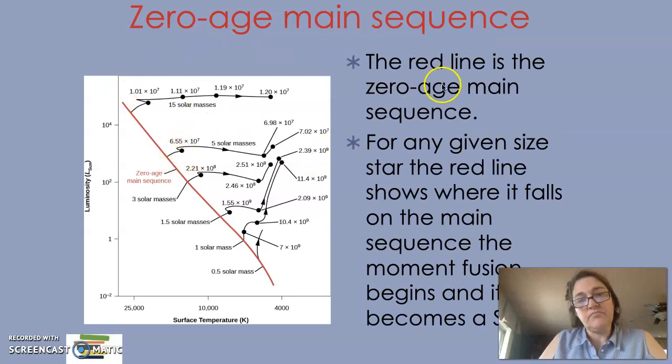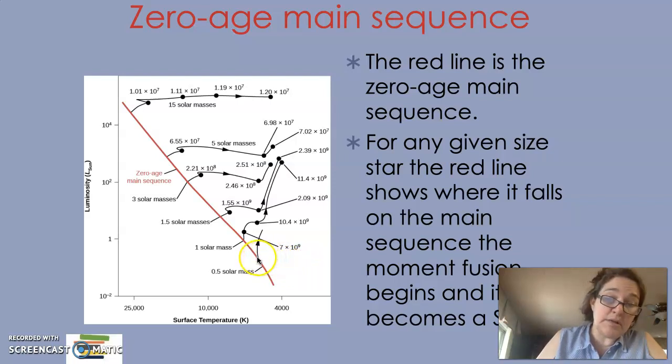So zero age main sequence, we have been looking at stars as they are contracting and getting smaller as they move left on the HR diagram, but not doing fusion yet. So the point where they begin to fuse hydrogen into helium is where we find ourselves on this red line.